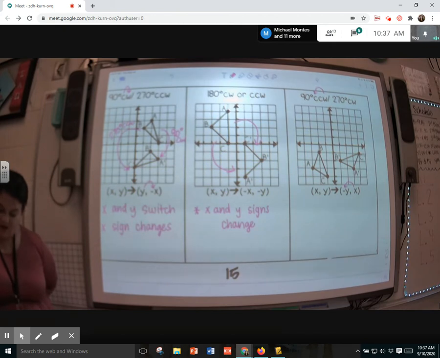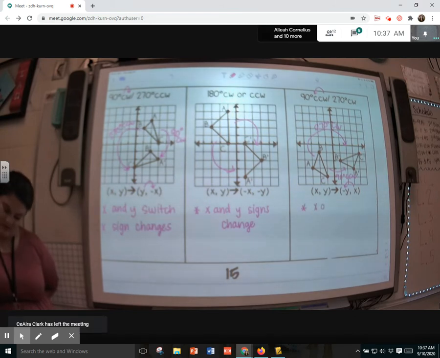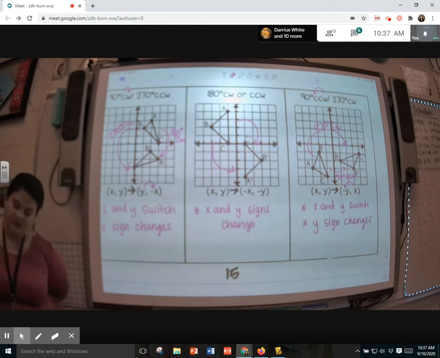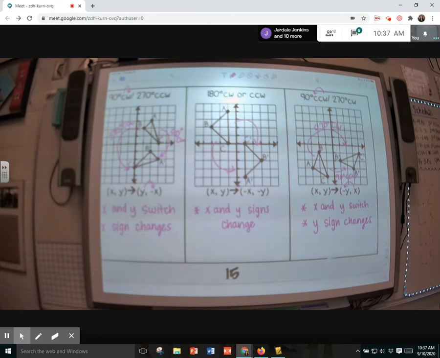So here I moved 90 counterclockwise or 270 clockwise. On that one, X and Y switch and the Y sign changes.